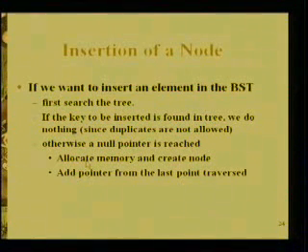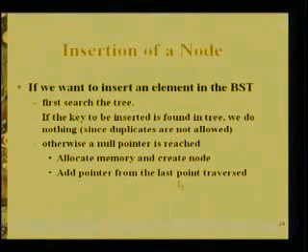What you will be doing over there? Allocating the memory, that is, you will be creating the node and then adding a pointer from the last point traversed. So that is the way you will be inserting an element into a binary search tree.